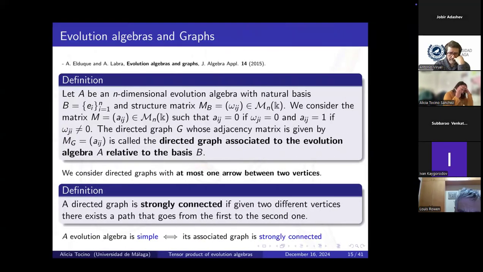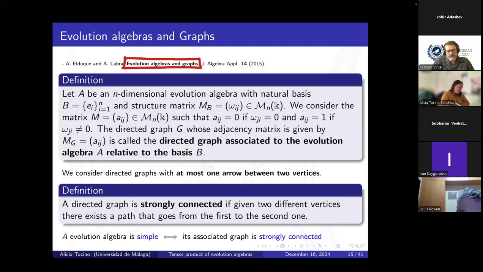So we have the relation between evolution algebras and graphs, and a lot of properties were given in the paper Evolution Algebras and Graphs by El Duque Labra. The first one is the notion of directed graph associated to an evolution algebra relative to a basis.